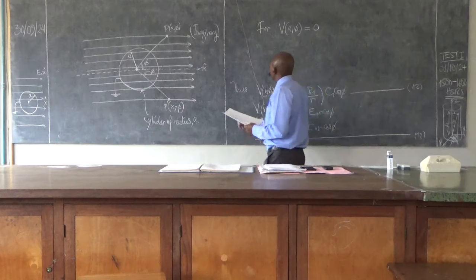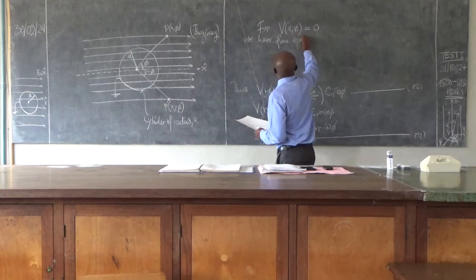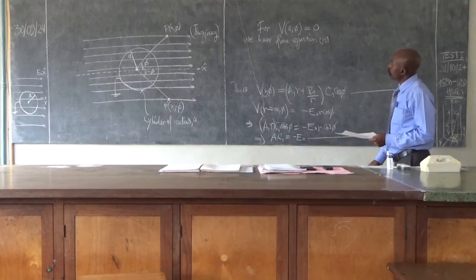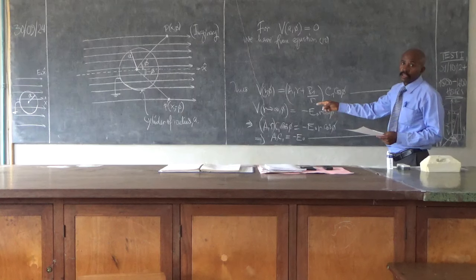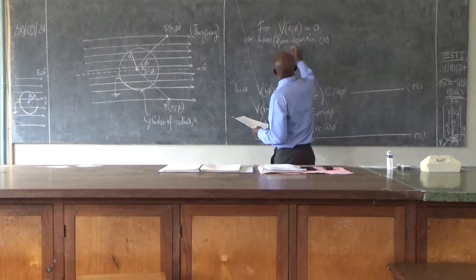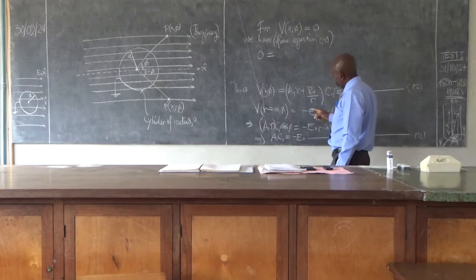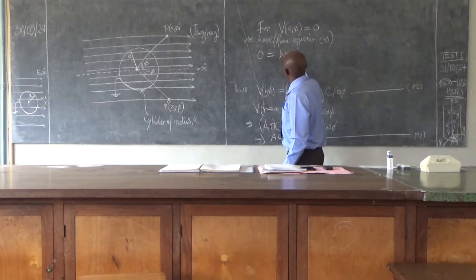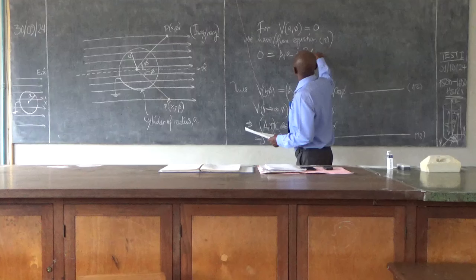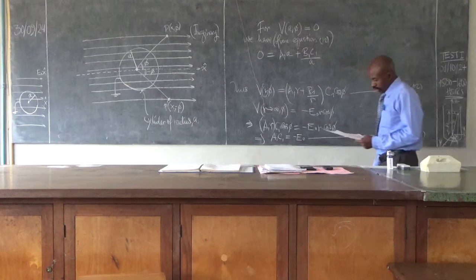We have from equation 12 with this condition above, if we substitute in this equation where there is R, we put A. So we have from equation 12, 0 would be equal to A1 A, plus B1 C1 over A.